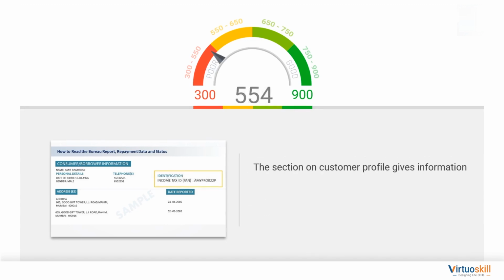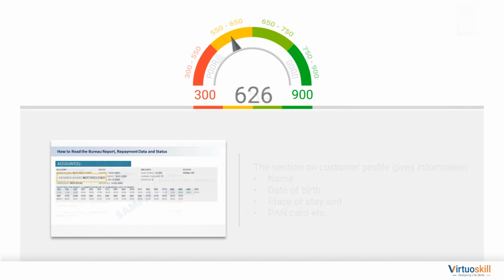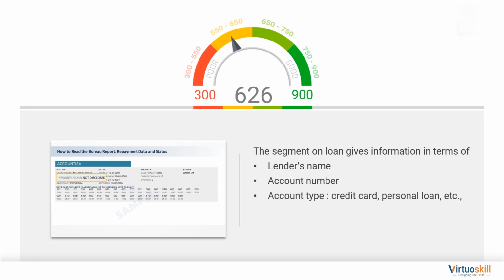The section on customer profile gives information in terms of name, date of birth, place of stay, and PAN card details, etc. 3. The segment on loan details gives information in terms of lender's name, account number, account type, like is it a credit card, personal loan, etc., ownership, single or joint or guarantor, date of account opening or closing, and the last date when these details were reported to the Bureau.